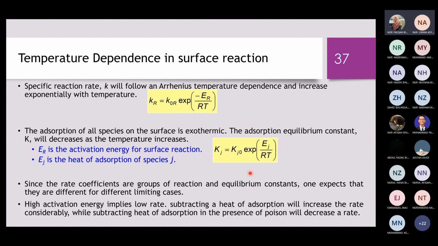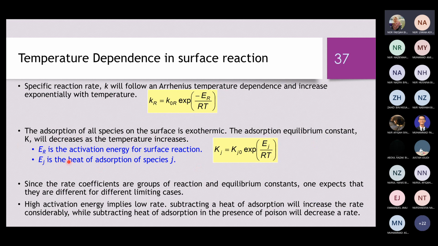Okay, based on this equation, if you compare it with the Arrhenius equation here, there is a negative sign at the activation energy. However, for the equilibrium constant, there is no negative sign here. So that's why when the temperature increases, the equilibrium constant will decrease.